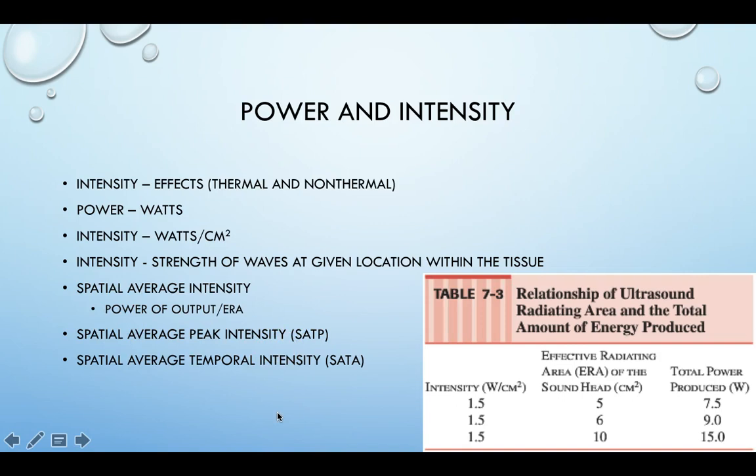So if we had a 50% duty cycle of a 2 watts per centimeter squared spatial average intensity, over that entire treatment we are really only getting about 1 watt per centimeter squared, because it's only on 50% of the time. And this chart just shows you again how the ERA affects the overall intensity and the power being produced.